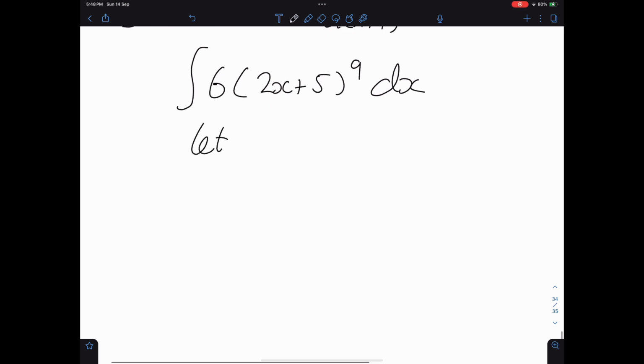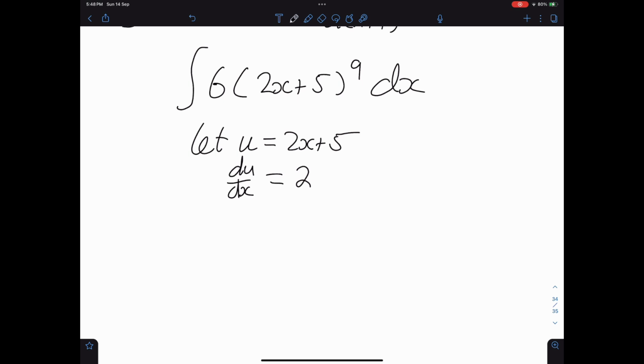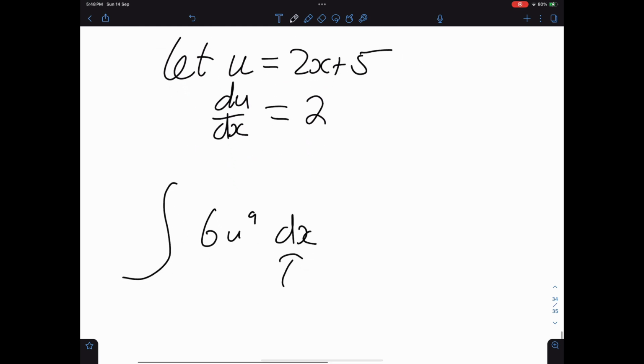So instead we're going to do a u substitution. This is going to look familiar as being a bit like chain rule. So that tells us that du/dx will be 2. We could have written this as 6u^9 dx, but this isn't very helpful because x is different to u.